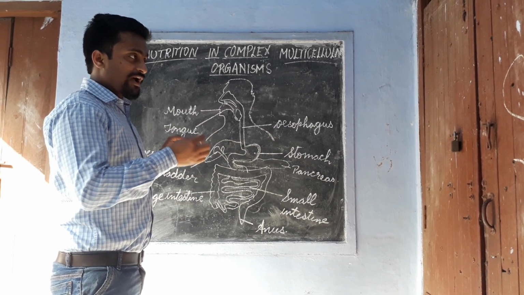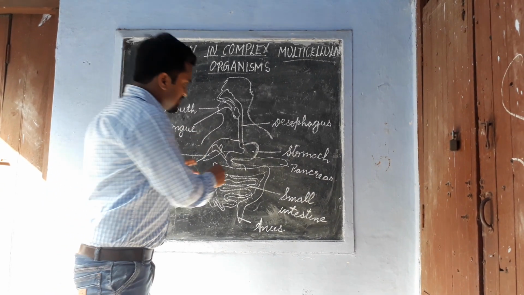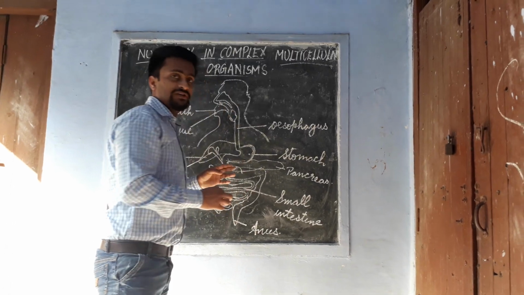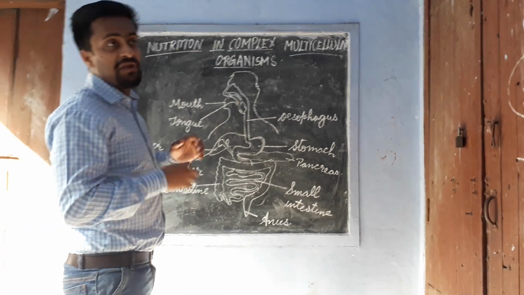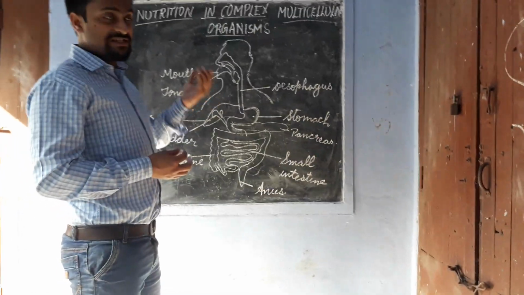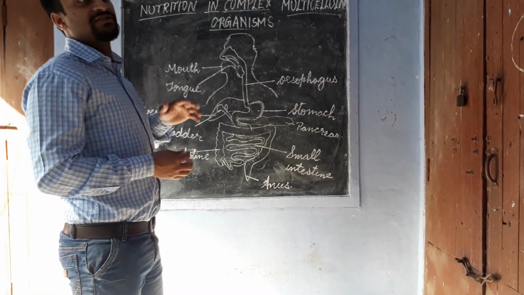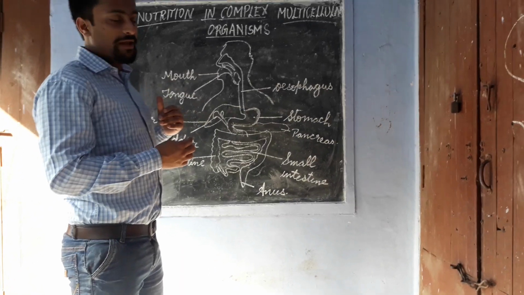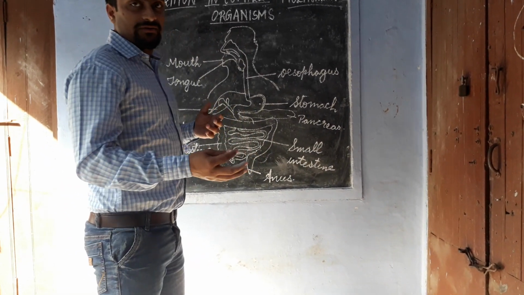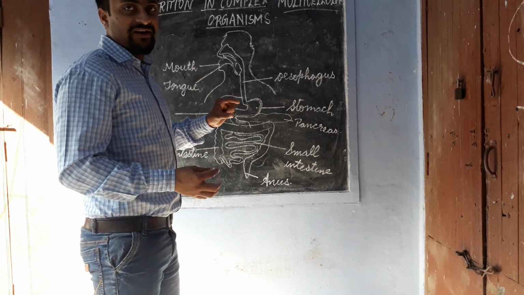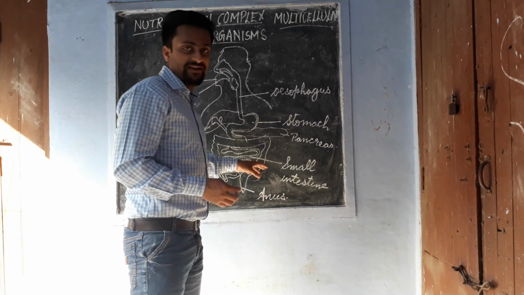Now the small intestine is also in close contact with the blood capillaries. Once the digested food is absorbed, what happens? It is transported into the blood, because of the small capillaries which are in close contact with the small intestine.